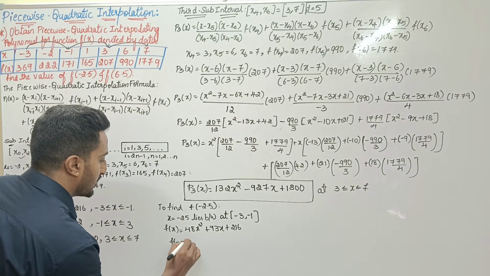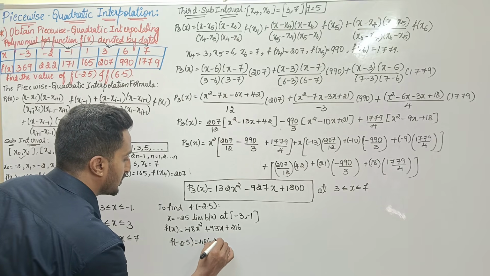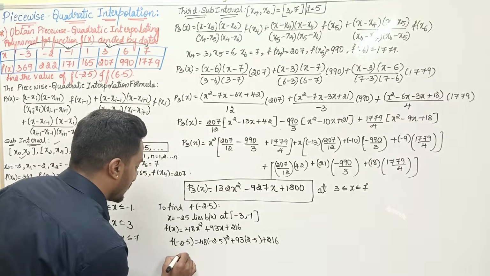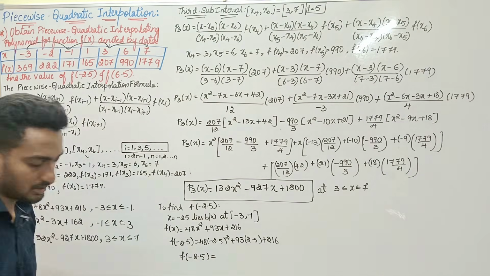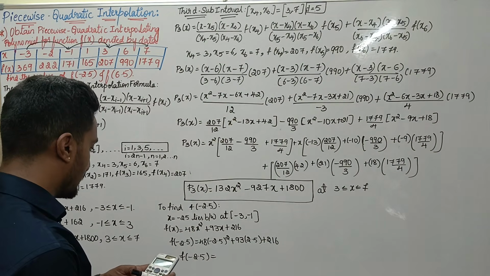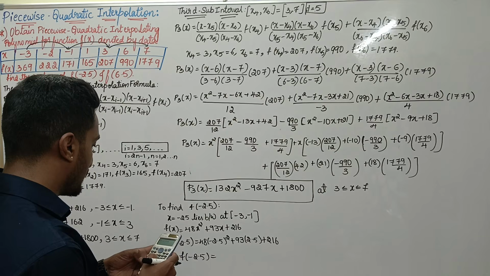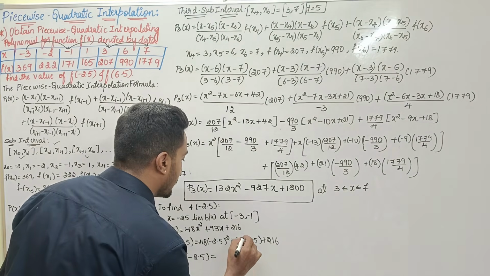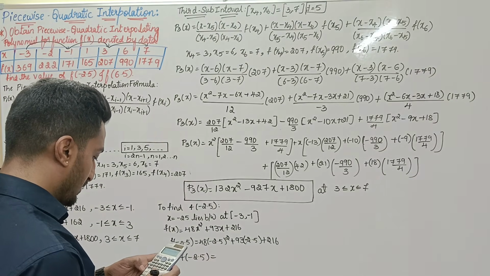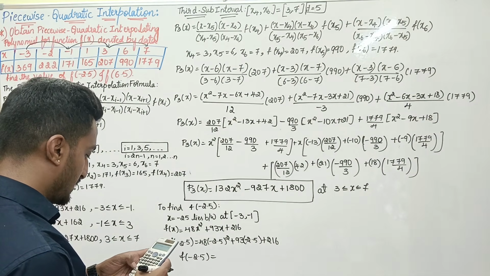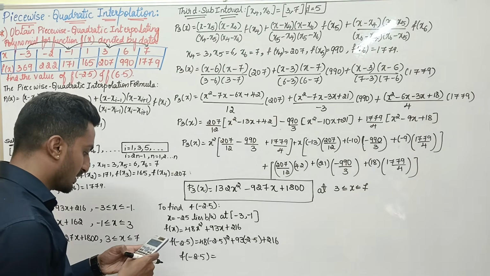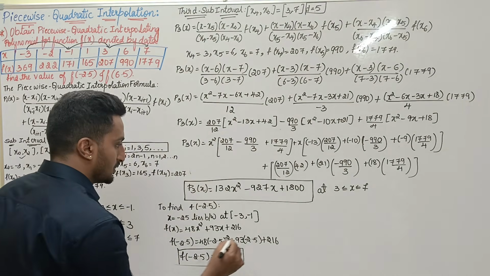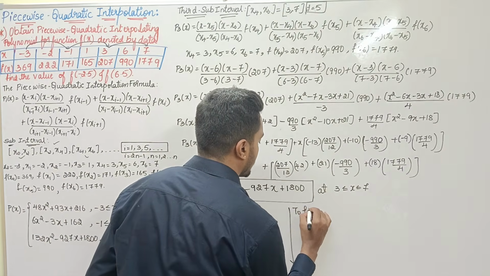F of minus 2.5, which is equal to 48 into minus 2.5 the whole square plus 93 into minus 2.5 plus 216. You get 283.5.